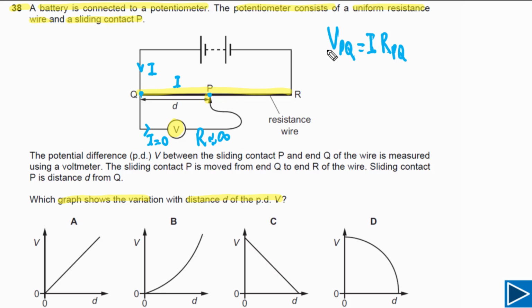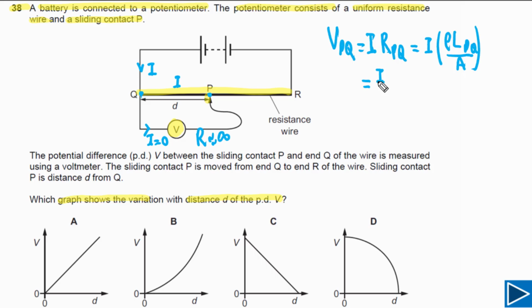Now if you have this understanding, simply we can write I times the resistance of the wire, which is rho, the resistivity of the wire, times the length of the wire, so rho times LPQ, divided by the cross-sectional area of the wire. Now in this case, I is the same, so the current passing through QP and the current passing through PR is the same.